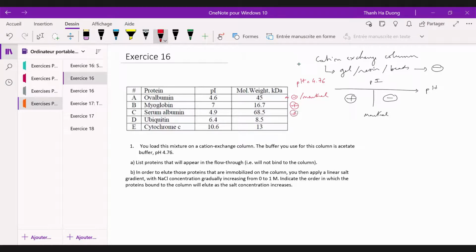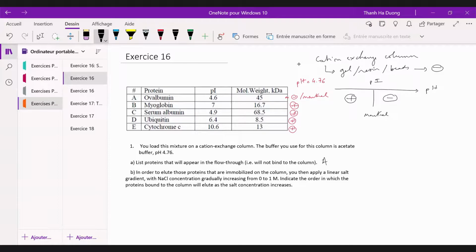They are all positive. So this protein will appear in the flow through. It will not bind to the column. It will be the A protein because it's negatively charged or quite neutral.